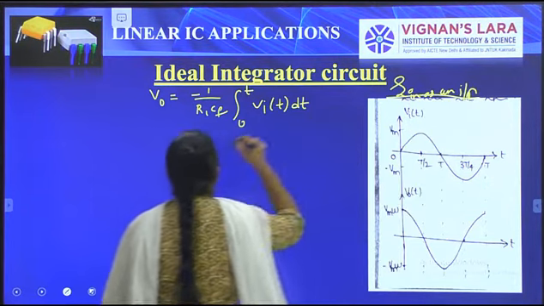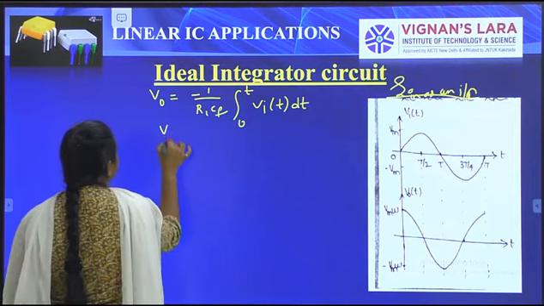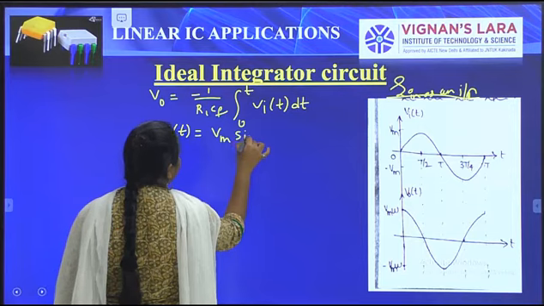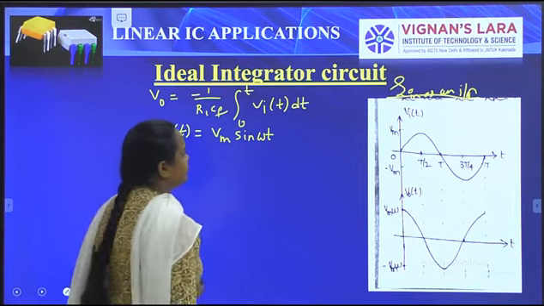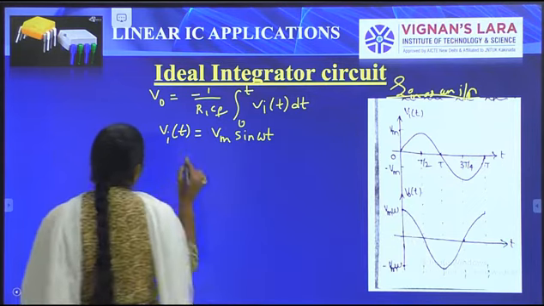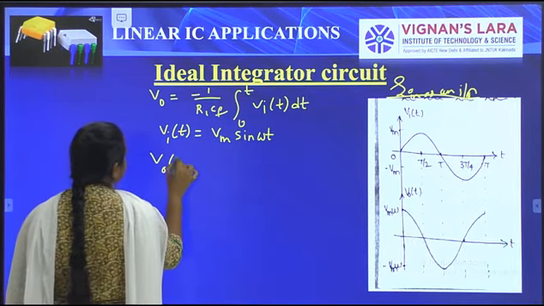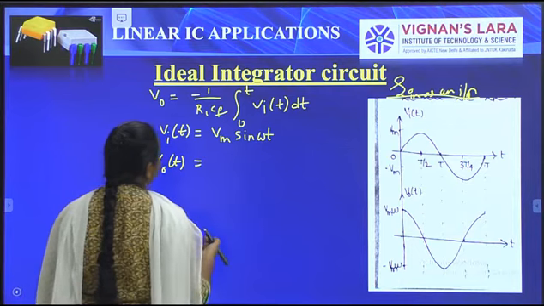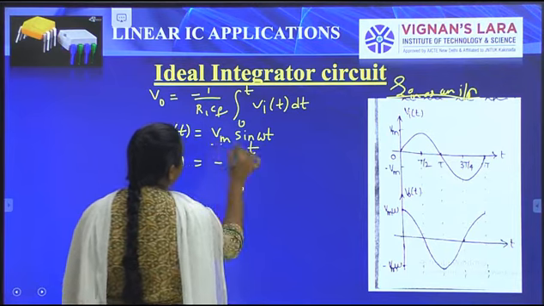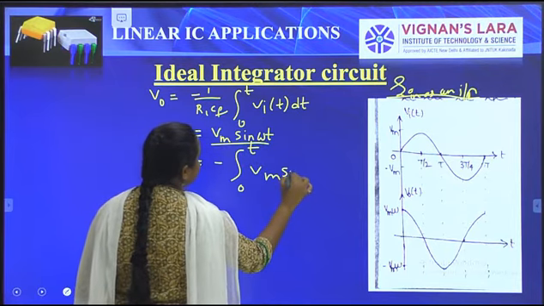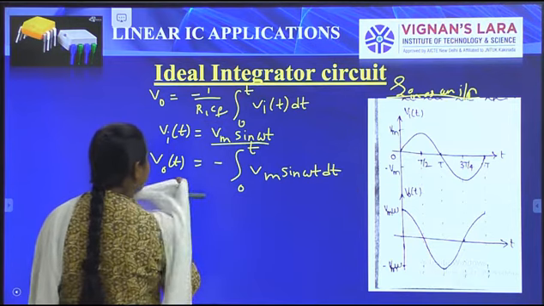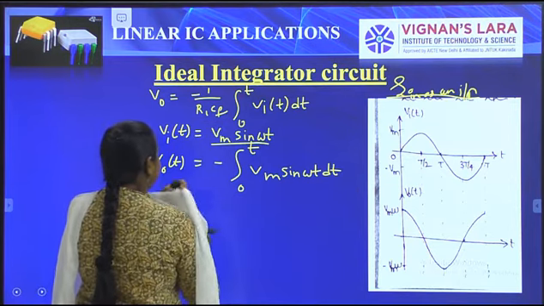So Vi of t is taken as Vm sin omega t. For this, V output of t is equal to minus 1 by R1 C1, which is the constant, times the integral 0 to t of Vi of t, which is Vm sin omega t dt.